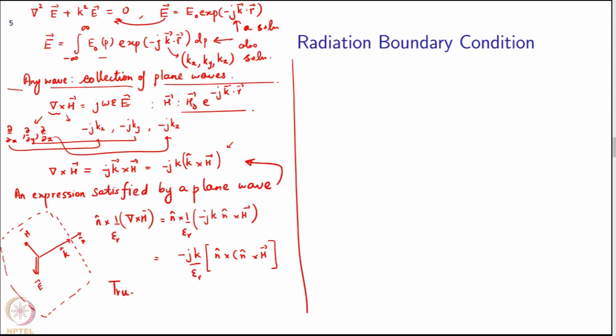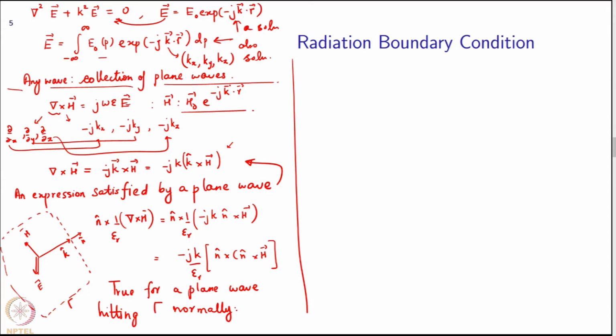This is true for a plane wave hitting the boundary normally. Why? Because I simply replaced my unit vector k hat by the unit normal vector n hat. So, no one can object to this, right?